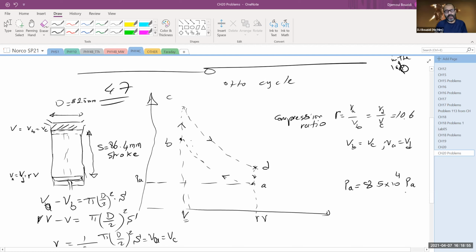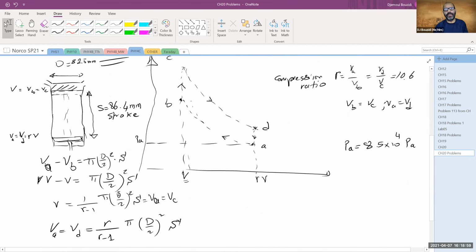Remember, we know the volume VA. This whole thing, because we have D, we have S, and we have R. Obviously, we have to convert D into meters, and convert S into meters, and plug in the numbers in here.